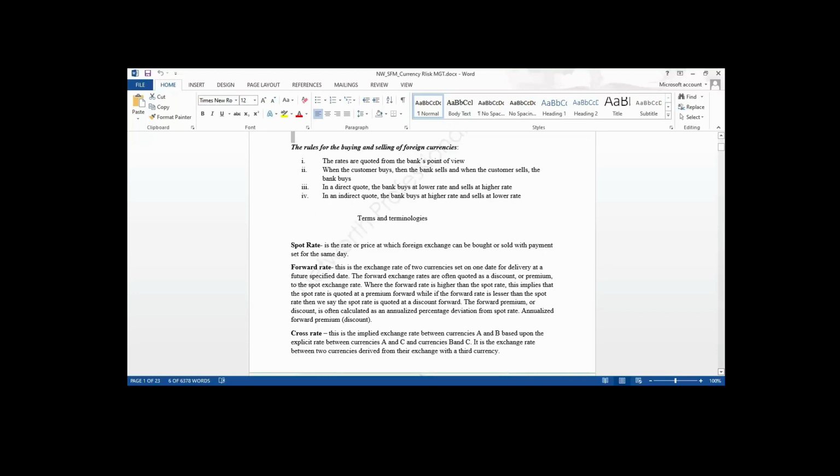Spot trades are often quoted as a premium or as a discount.